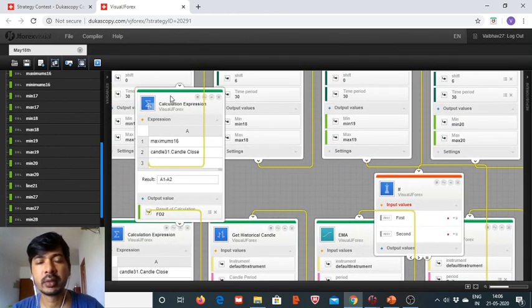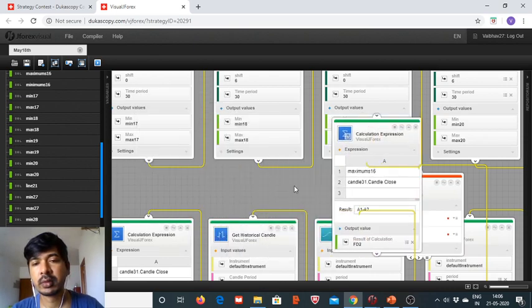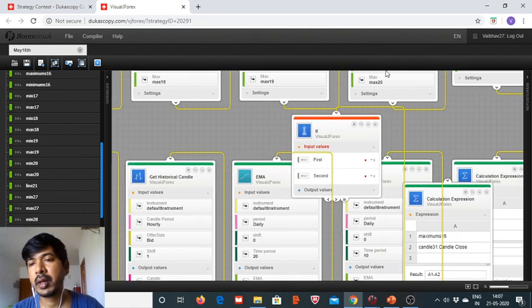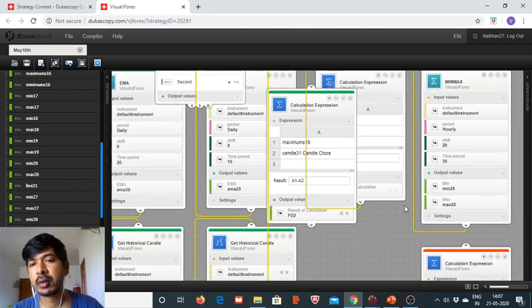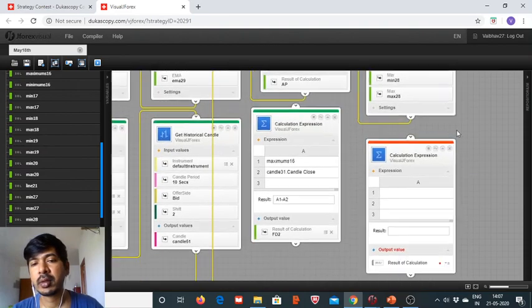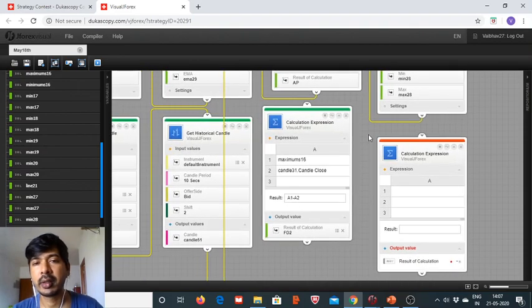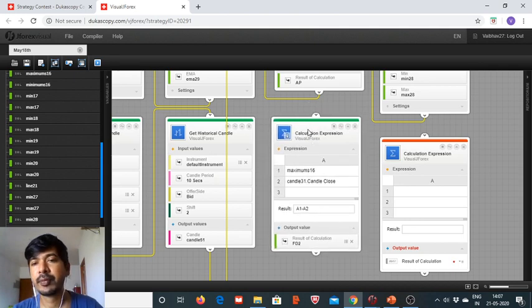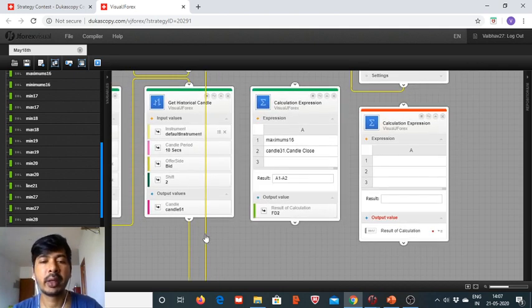Okay, and we will be comparing whether this difference is less than or greater than the 5% of the daily ATR.